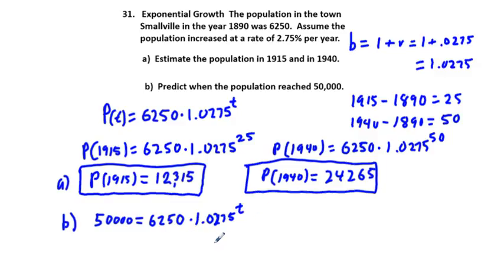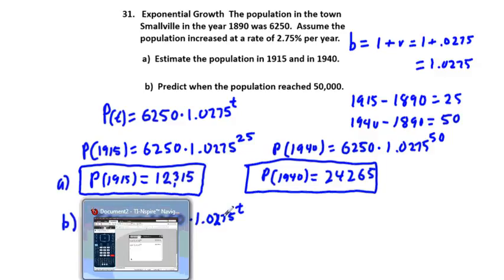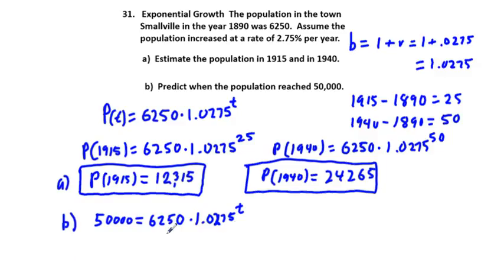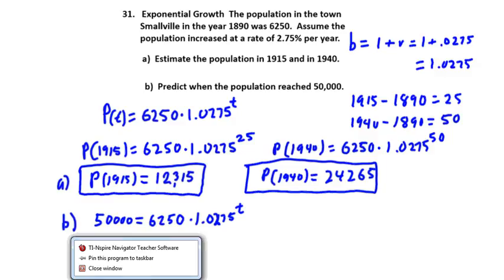And for this, I'm going to use a technique in the calculator that's called numerical solve. A lot of these calculators have that. Instead of doing the logarithm like we did on that earlier problem 29, I'll just show you how this works on the calculator.